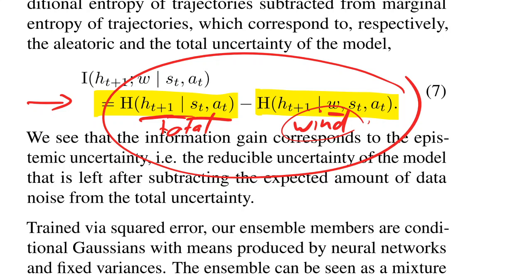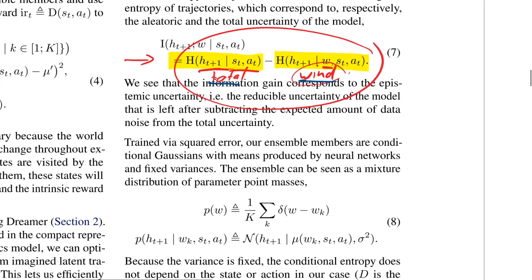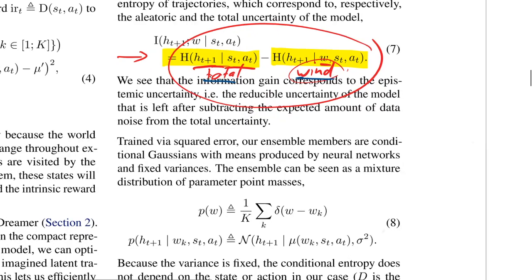You say, well, this state has a pretty high total uncertainty, but it's not due to the fact that the world itself is uncertain. It must be due to the fact that I don't know yet. And they make the claim that their model is actually going after these things.